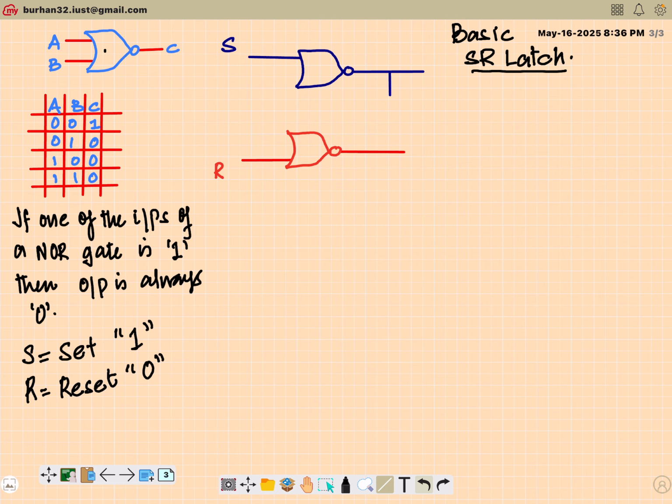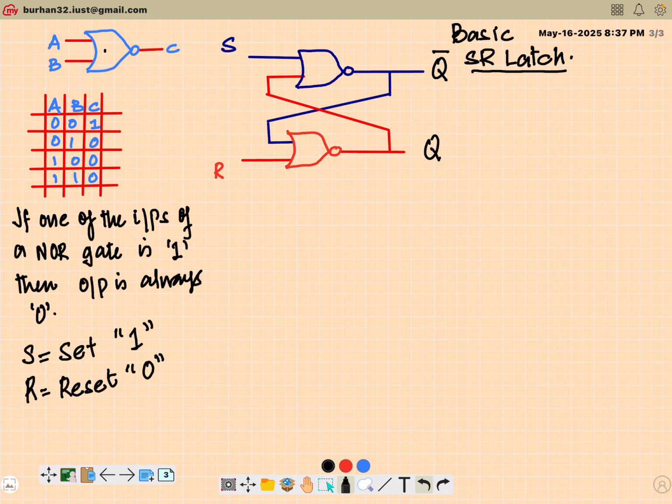Similarly, from the lower NOR gate, I'll take the output and feed it as a second input to the upper NOR gate. And then we will call this Q bar, where bar means complement, and this output Q.